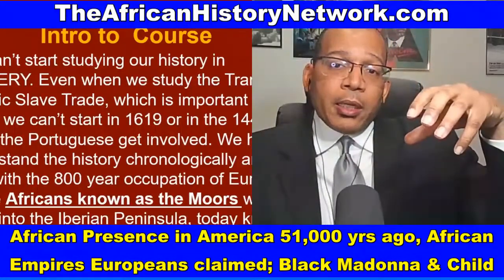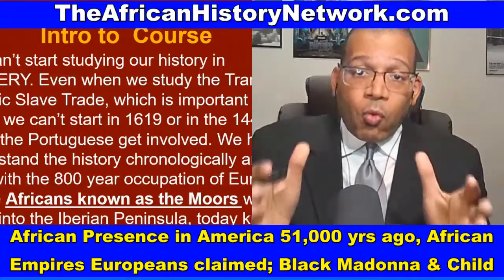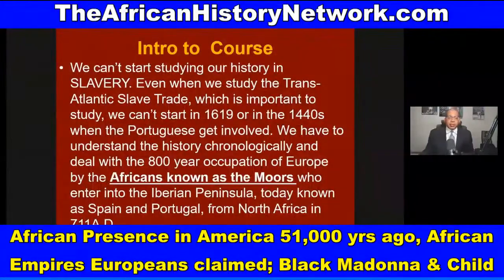And then we look at the slavery here, of course, in this country that we call the United States of America. We have to understand the history chronologically and deal with the 800-year occupation of Europe by the Africans known as the Moors, who take the teachings from ancient Kemet, ancient Egypt, into the Iberian Peninsula, today known as Spain and Portugal.